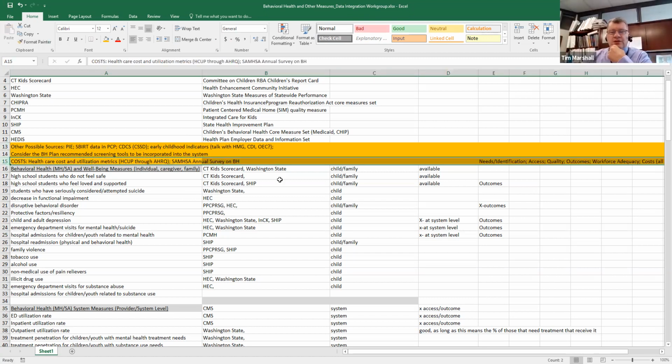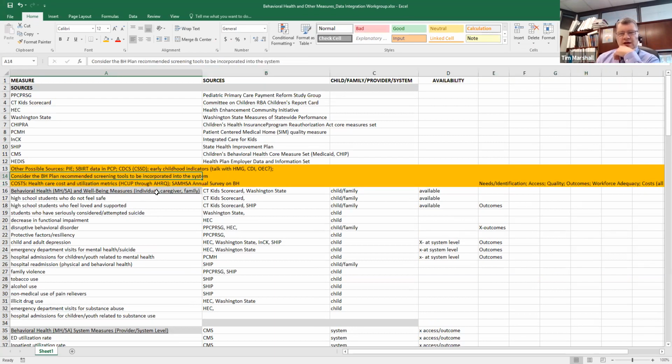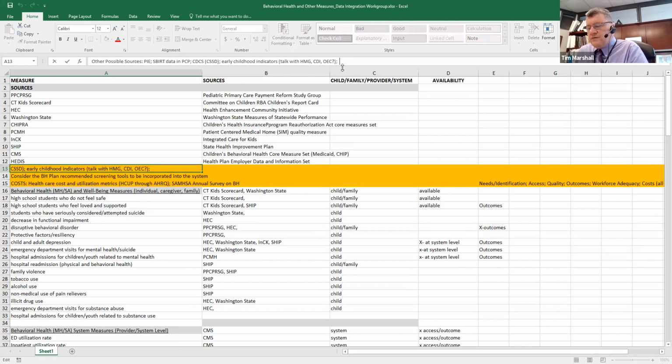And then lastly, this group put a lot of effort into coordinating and working across multiple state departments, particularly with OPM on data integration. But if anybody is aware of, and Chris, I think Beacon has done a little bit of work in this area, other projects that are looking at the quality of the children's behavioral health system or the behavioral health system across the lifespan, that probably would also be helpful to us.